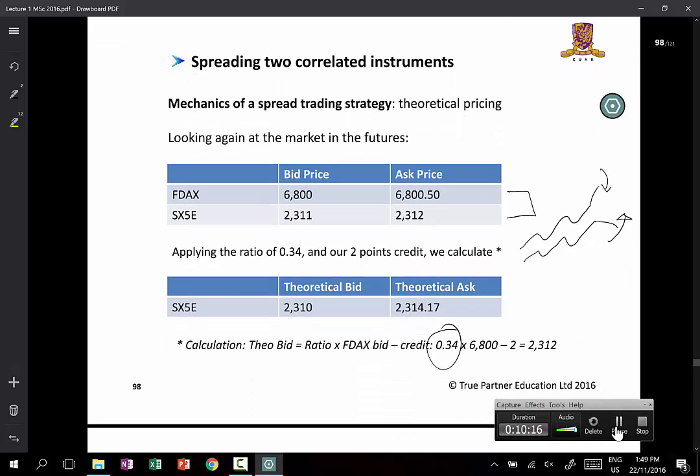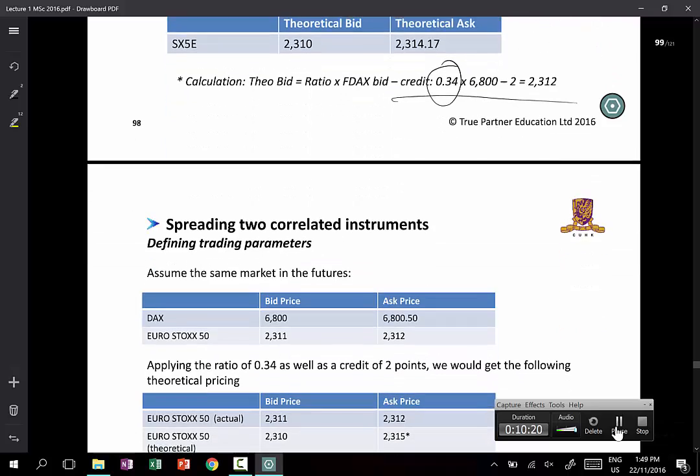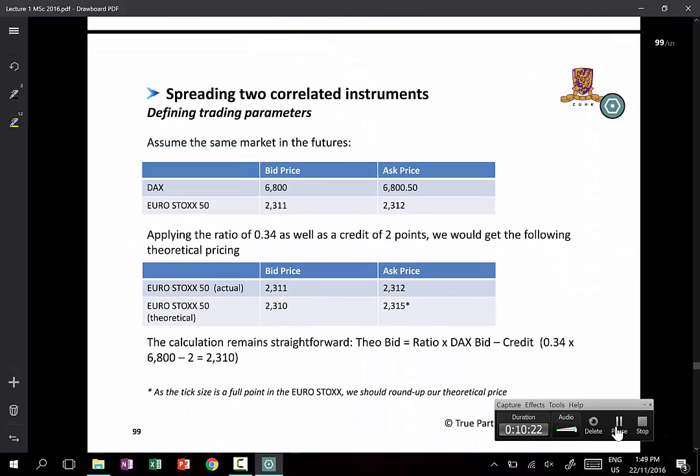As a result, what you now have, this is the formula I'm referring to. You now have the bid being 2,310 and the offer at 2,314 point something, and then you just round it up. Now this is how you would trade.